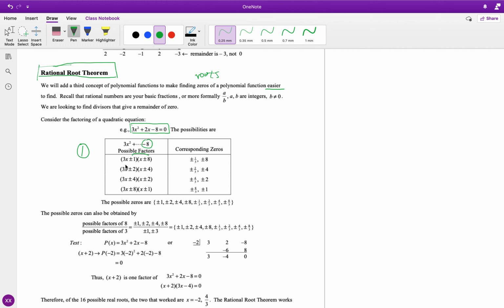In this case, if we do this type of breaking, then you will have 3x plus 1 equal to 0, so x equals -1/3, or you will have 3x minus 1 equals 0, then x equals +1/3.